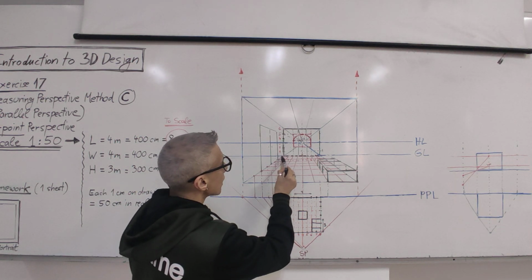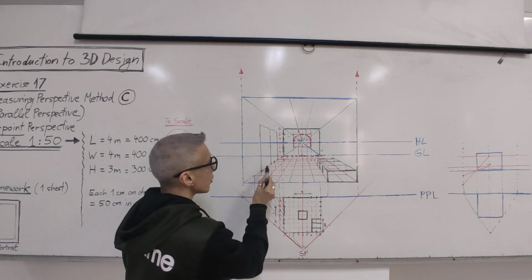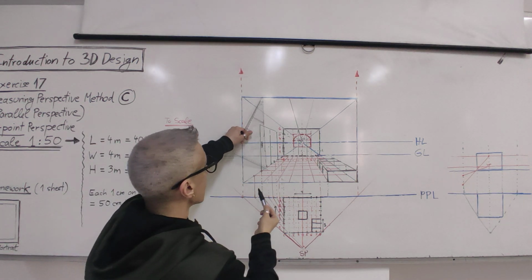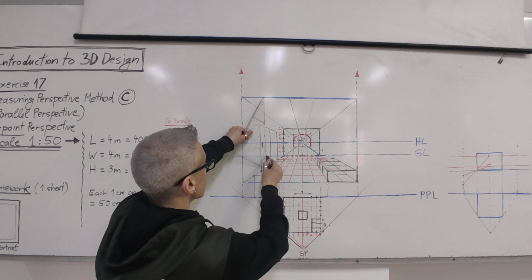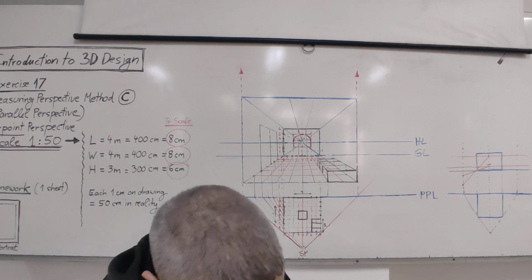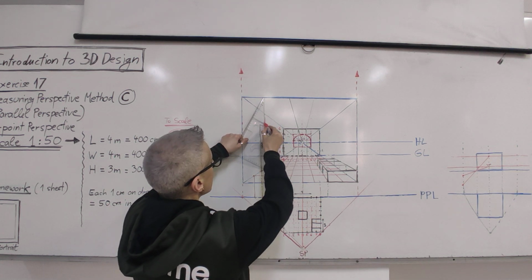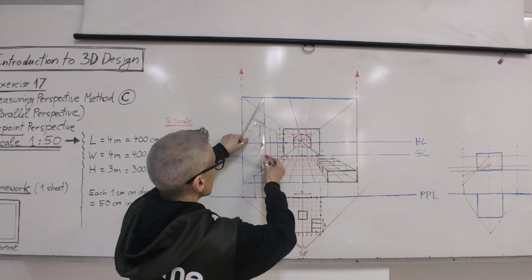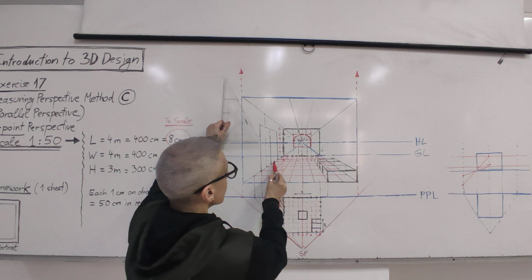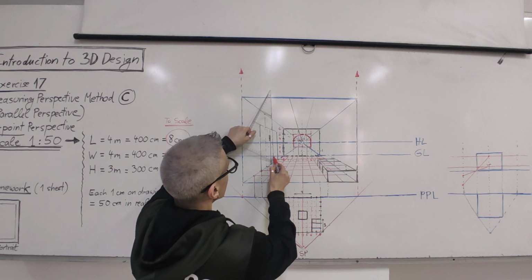So this is 1, 2, 3. Here is the start point. And from here, 1, 2, 3, here. Now these 2 lines, we will take up, okay? Let me use this other color. So from this point up until the ceiling, until we reach this here. And from this point up until we reach the ceiling.